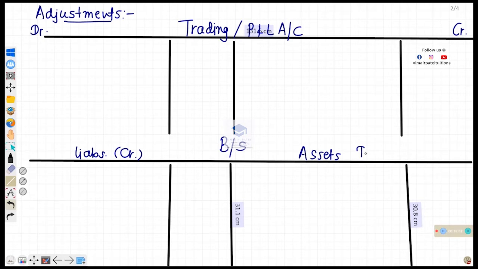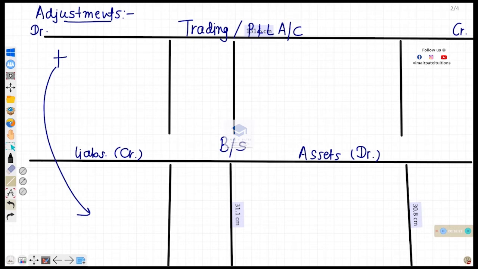So any adjustment which we add on the debit side of the trading account or P&L account, its second effect will be on the opposite side. So one effect debit, other effect credit.